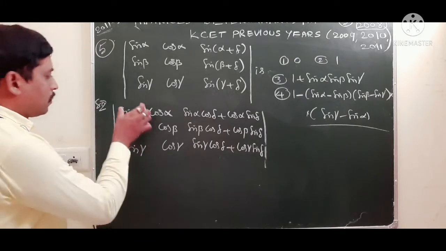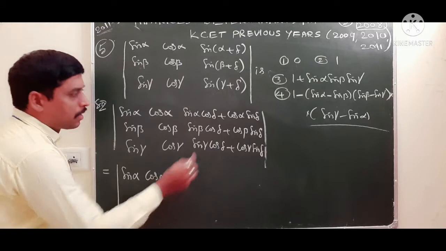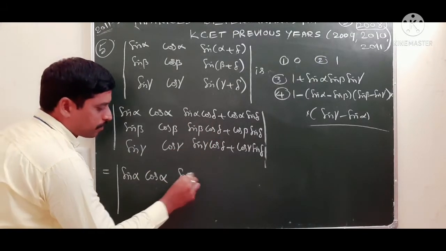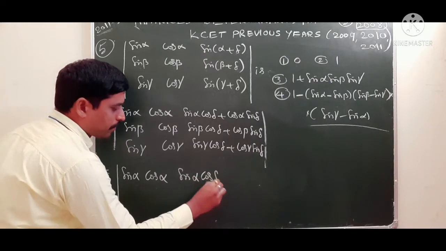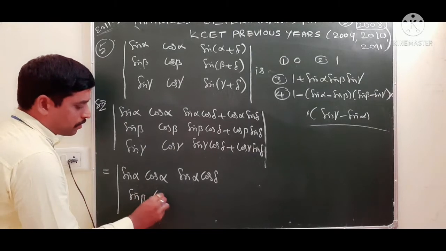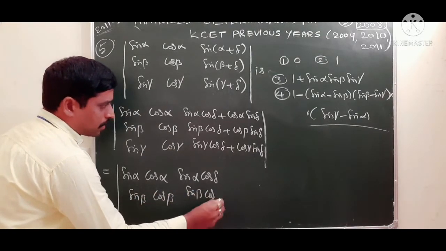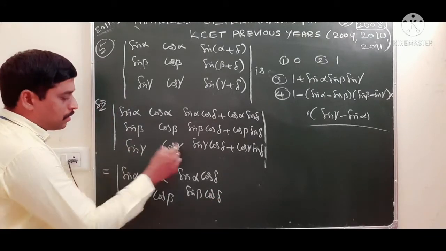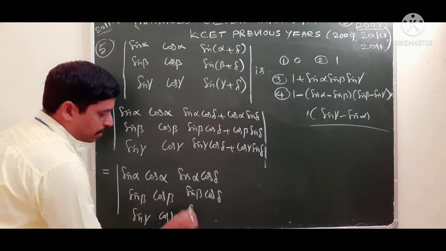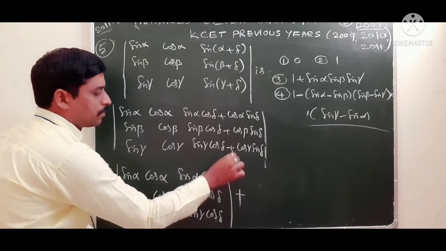Okay, sin alpha, cos alpha. In this, we take sin alpha cos beta, and the second row sin beta, cos beta, sin beta cos gamma, cos delta. In the third row sin gamma, cos gamma, sin gamma cos delta, plus this is plus.